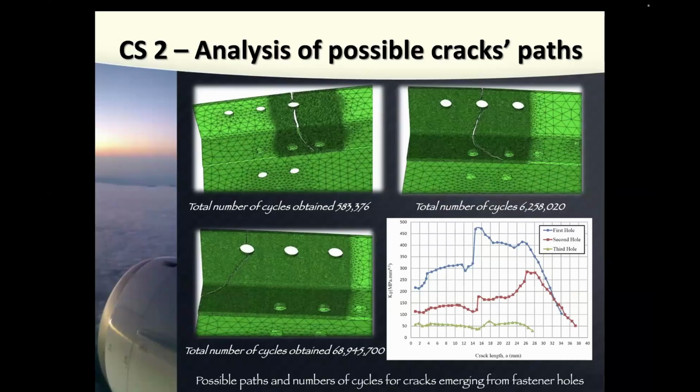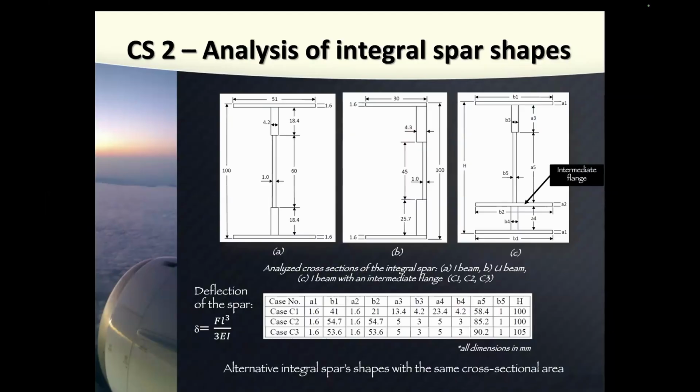And you can see the comparison here. And let's not forget, we got around 60,000 cycles in the experiment. So definitely the most dangerous spot is here, but here at the fastener, if the crack appears here, it's not that dangerous because the stress in these areas is not so high.